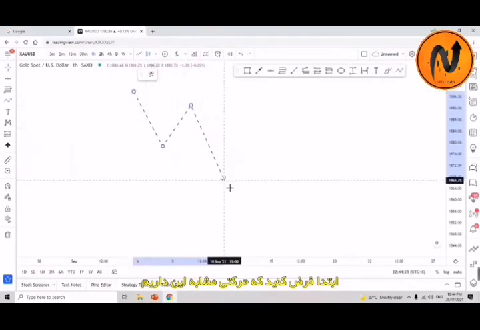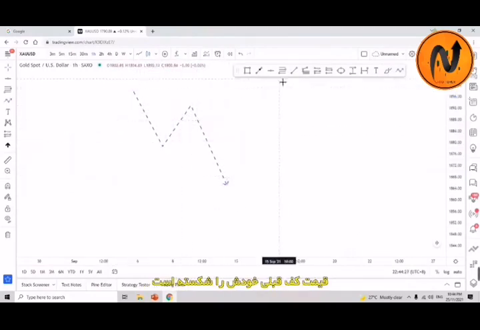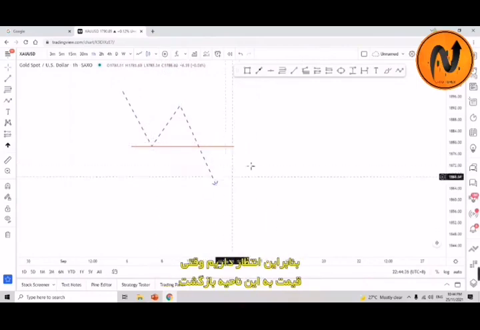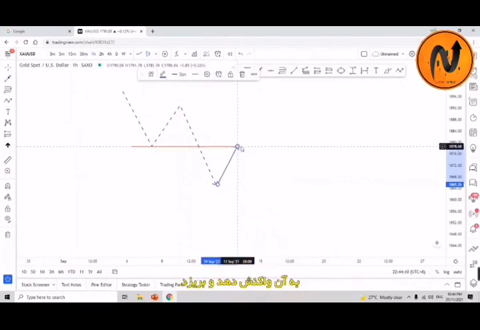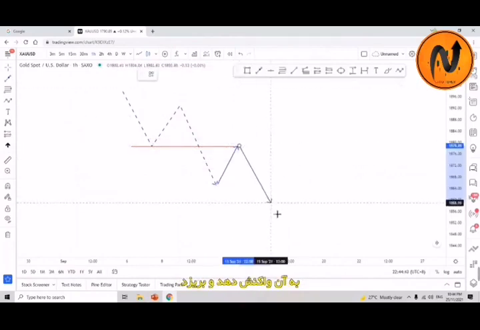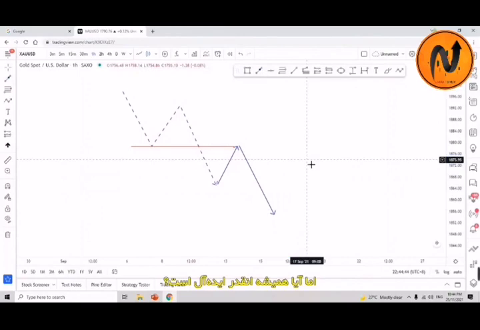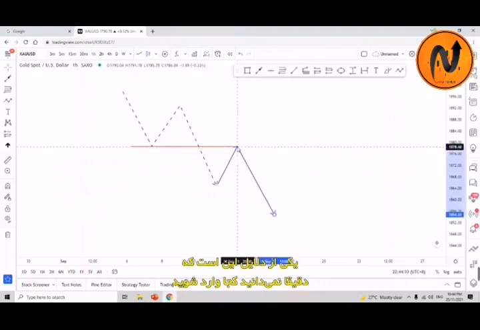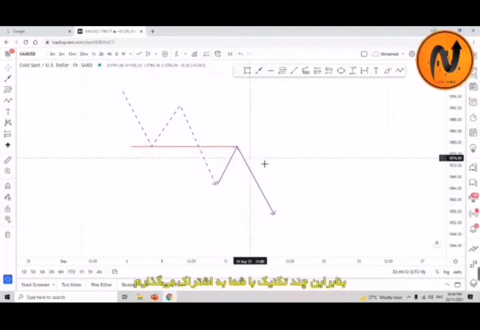The price has broken the previous low, the support. So we are expecting that the next time the price comes back to this area, it will react and then drop. But is it always ideal? No, it's not always ideal. One of the reasons is that you do not know where to enter. There is no clear entry.